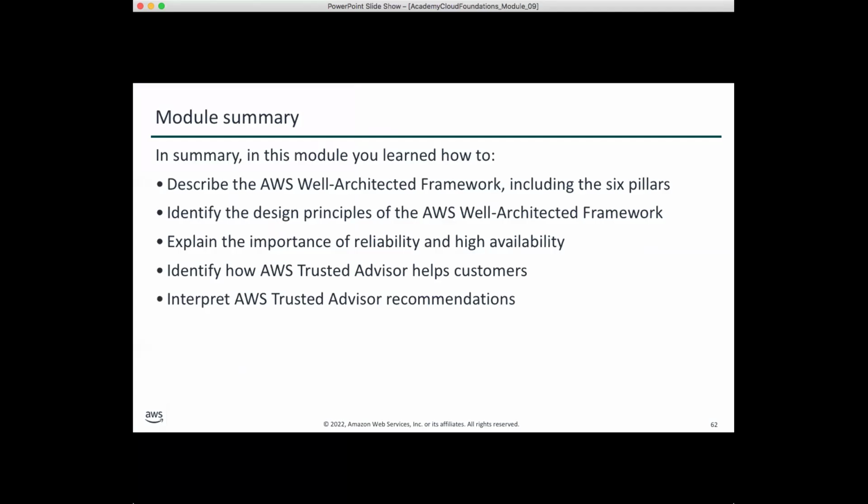Module final wrap-up. In summary, we looked at what the AWS Well-Architected Framework is, including the 6 pillars, right? Identified the design principles of the AWS Well-Architected Framework, explained the importance of reliability and high availability.